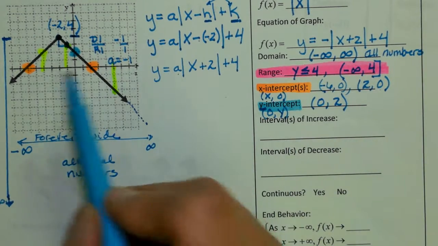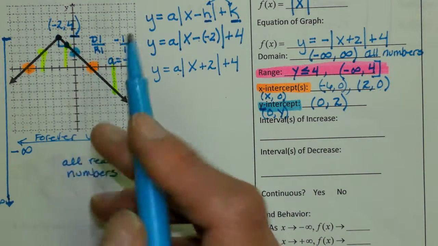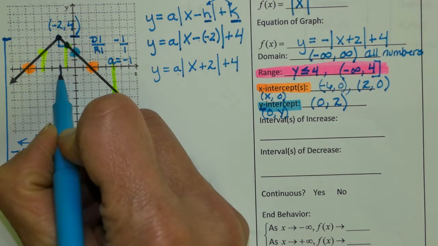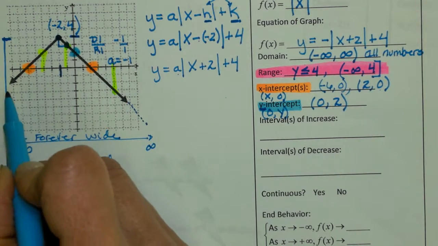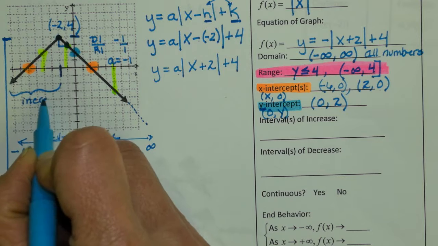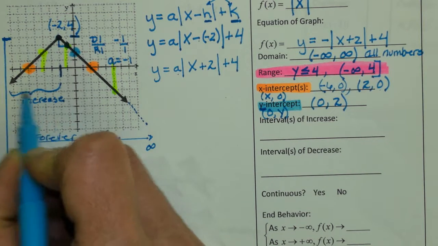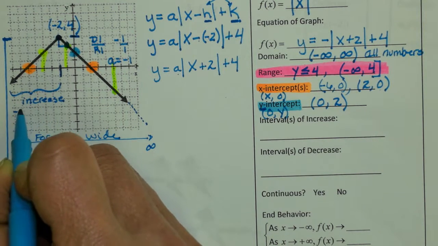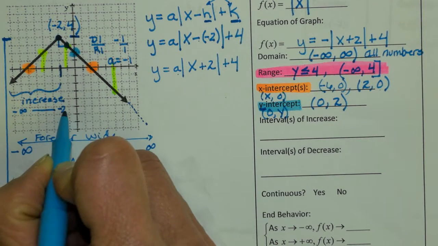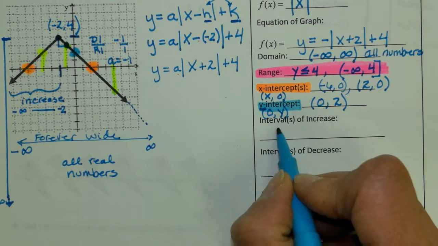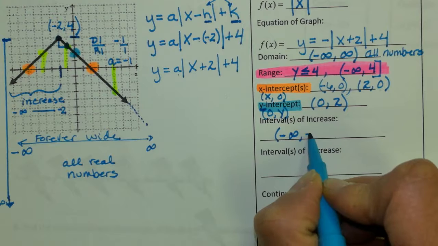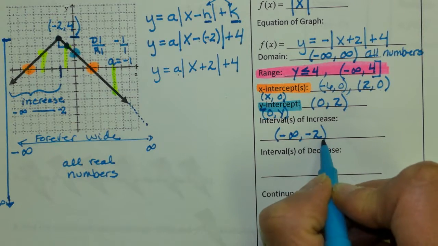Increasing interval. Well, this is a positive slope. Where does it change direction? It changes direction at x is negative 2. So here I have an increase, and it's increasing from where x is negative infinity all the way to x is negative 2. So my interval of increase is from negative infinity all the way to negative 2.